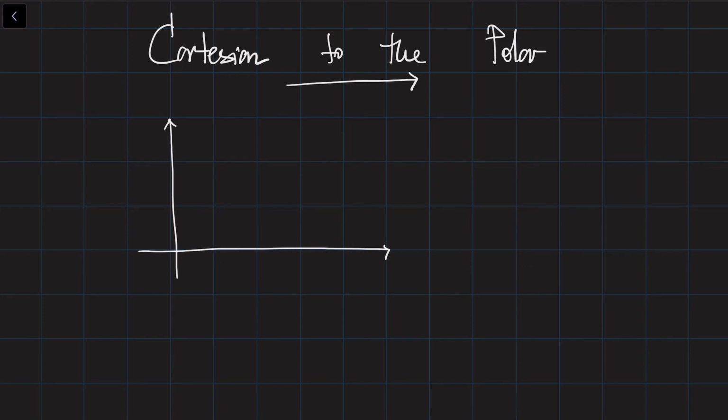So let's say you're given the point with the coordinates x and y. If you remember, x and y means that this distance here is going to be equal to x, and this distance here is going to be equal to y.